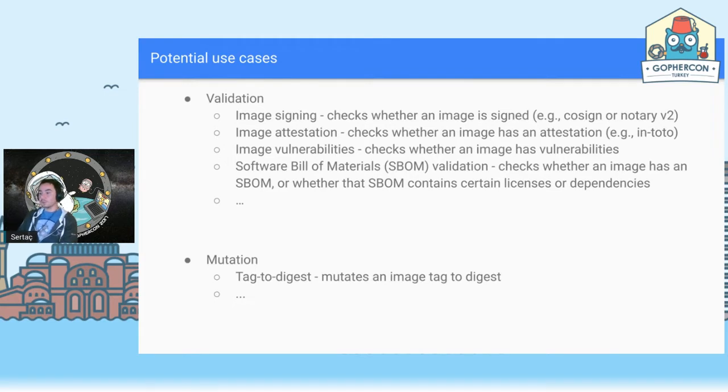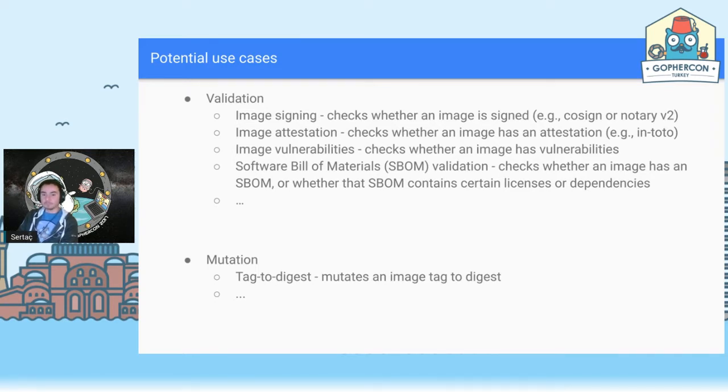Okay, so let's talk about some use cases. In this presentation, we're going to look more at the validation use cases. First of all, it's image signing. So checking whether an image is signed, for example, with Cosign signatures or Notary V2 signatures. Checking if an image has an attestation, for example, an in-toto attestation attached to the image.